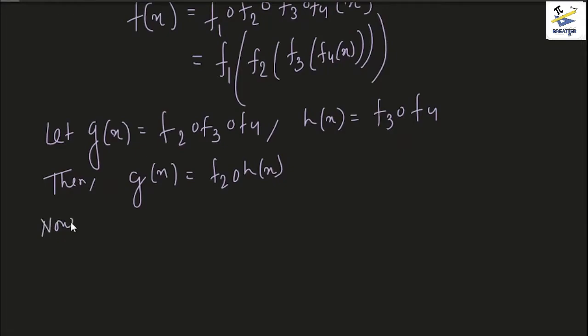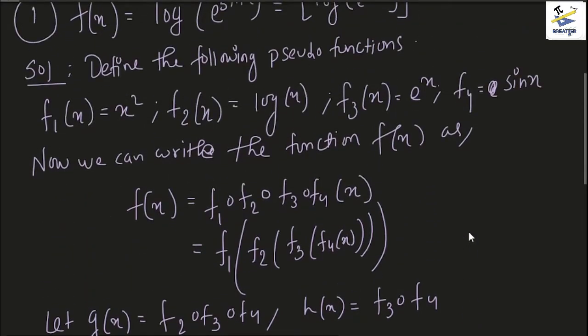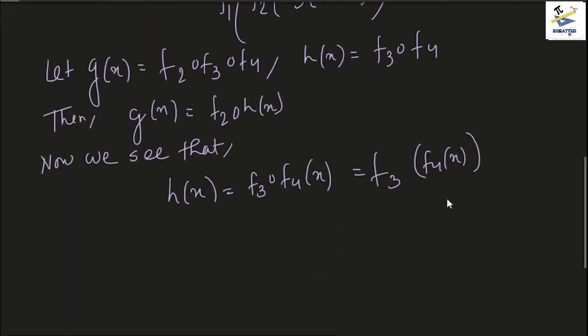Now we see that h of x is equal to f3 composition f4 of x, which essentially is f3 of f4 of x, right? Now f3 was e to the power x, f4 was sin x.